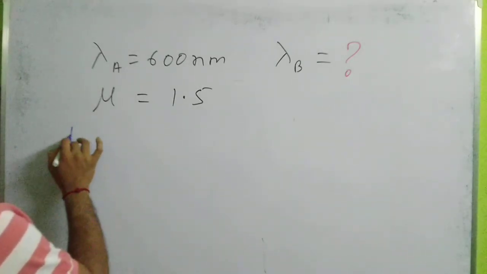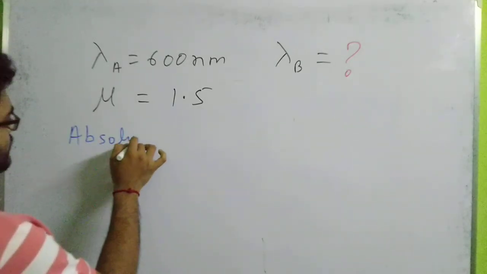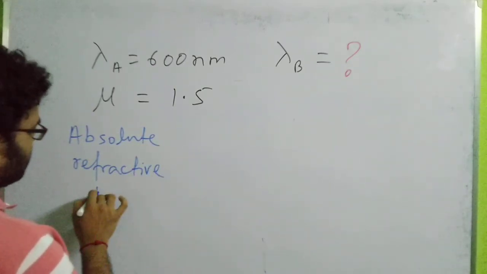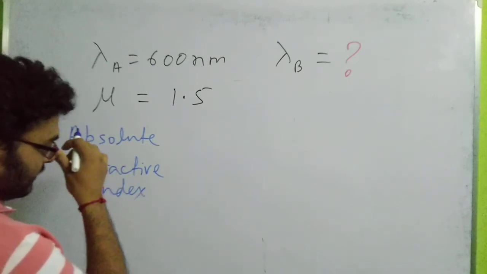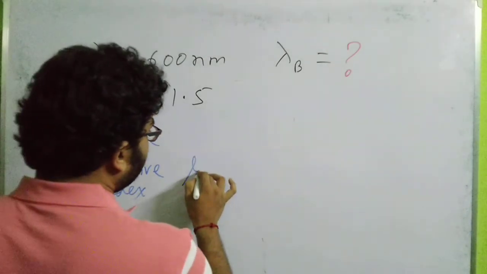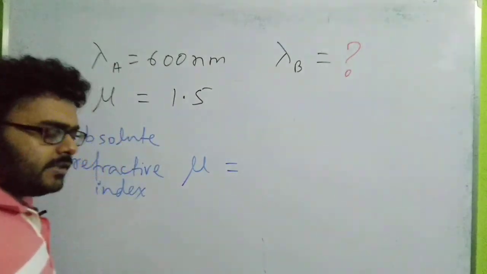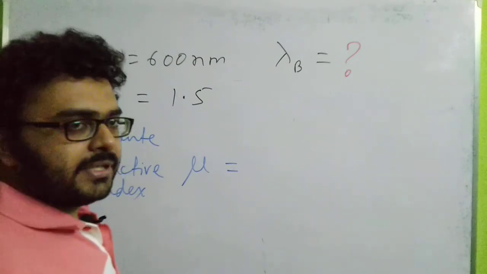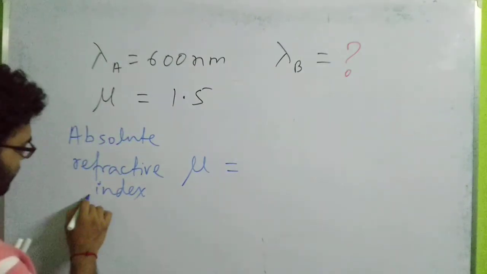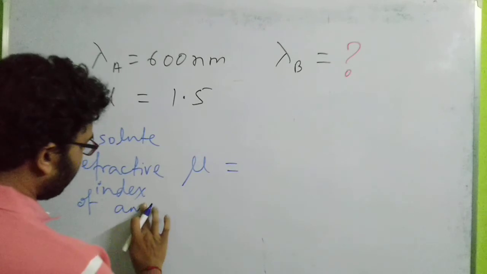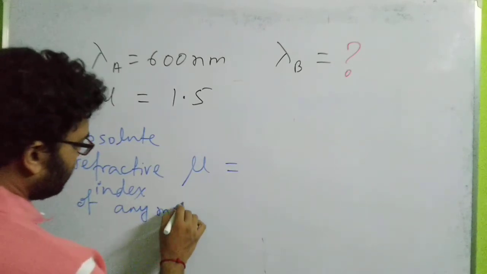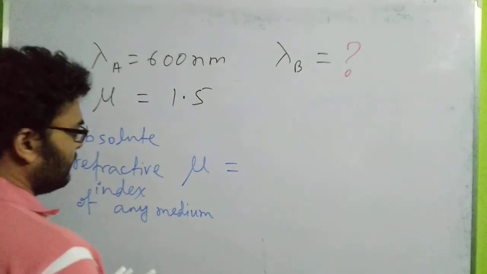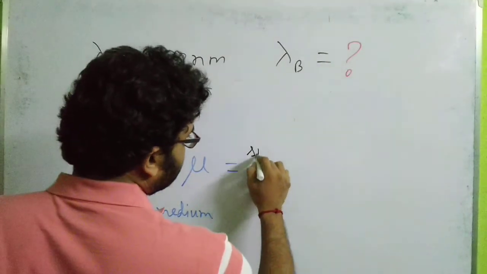So what do you mean by the term absolute refractive index, or absolute RI? Absolute refractive index mu is defined as the speed of light in air, or rather vacuum, to the speed of light in that medium.